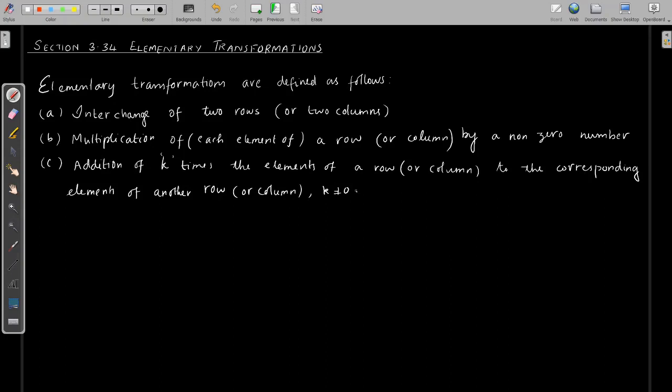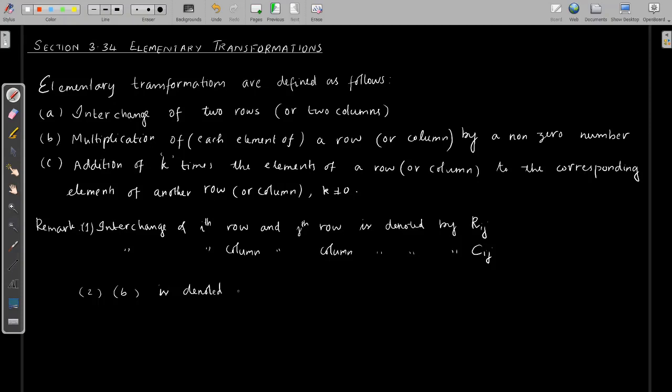Now we have a remark. In this remark, we will introduce a terminology. In fact, these are notations for these elementary operations. The interchange of ith row and jth row of the matrix is denoted by Rij. If we are considering the corresponding columns, we will denote that as Cij.